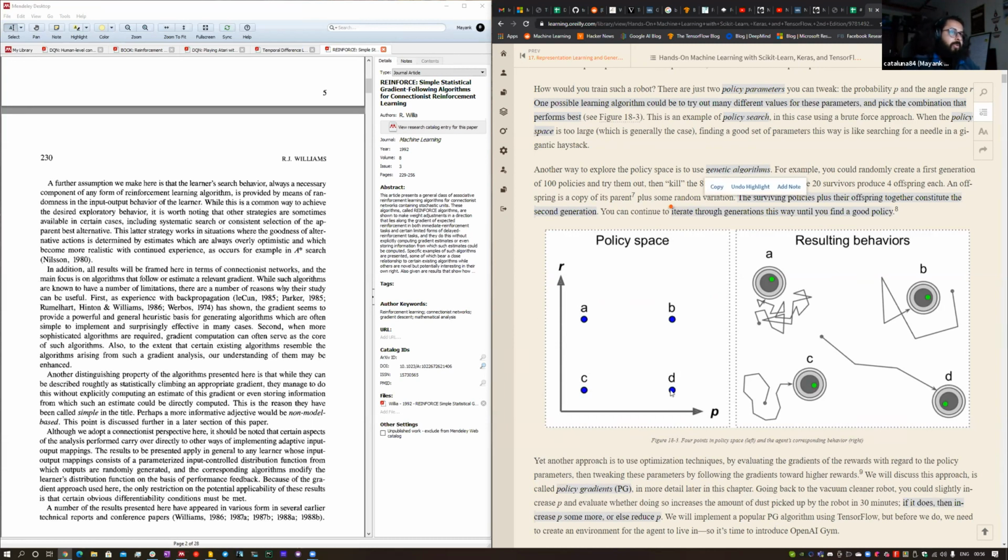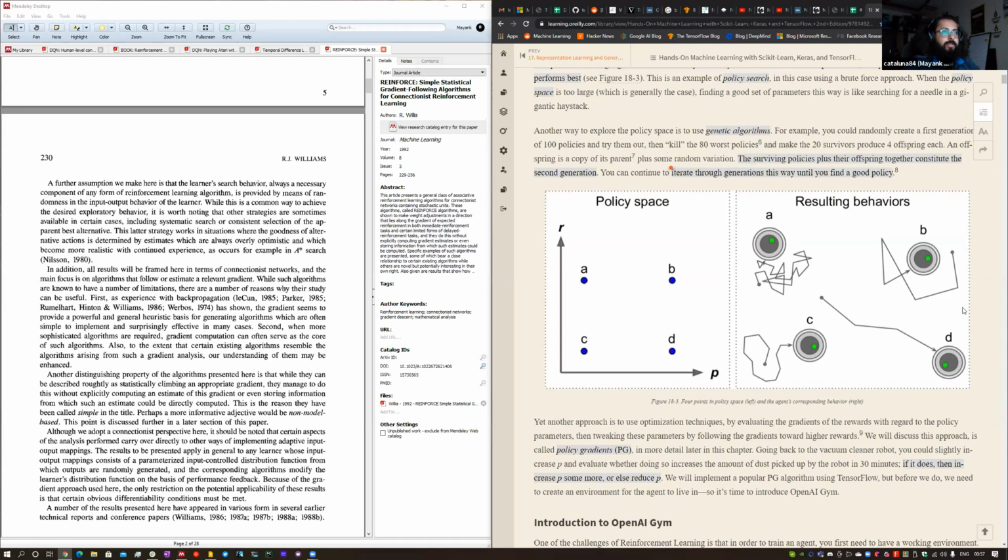How do we optimize P and R in a way that maximizes our chances of collecting the most dust in 30 minutes? What should be a good set of parameters?